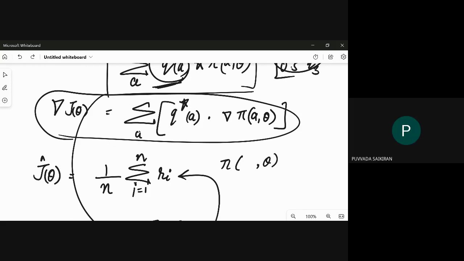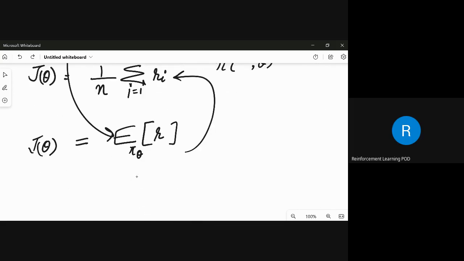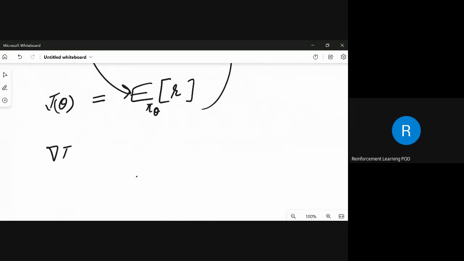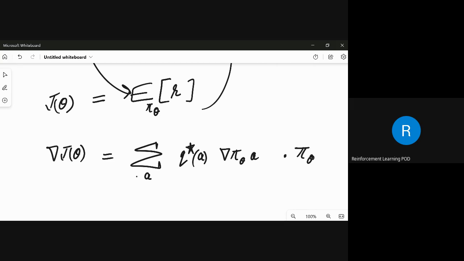So I'm going to write J theta something like this: Q star of A, and I'm going to multiply it by pi theta A divided by pi theta A.